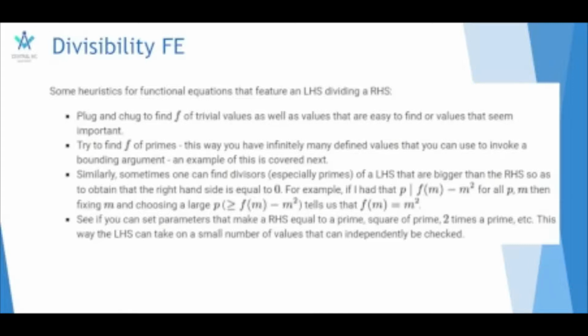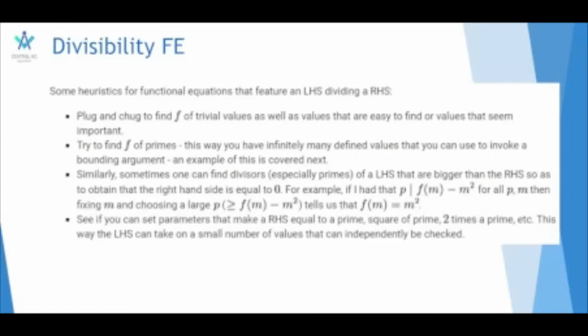And these are some heuristics that such methods involve. So one is to plug and chug to find trivial values. This is a natural step for any functional equation, right? But this is also important for any divisibility statement, really, because you can use them in maybe some sort of bounding argument or something.